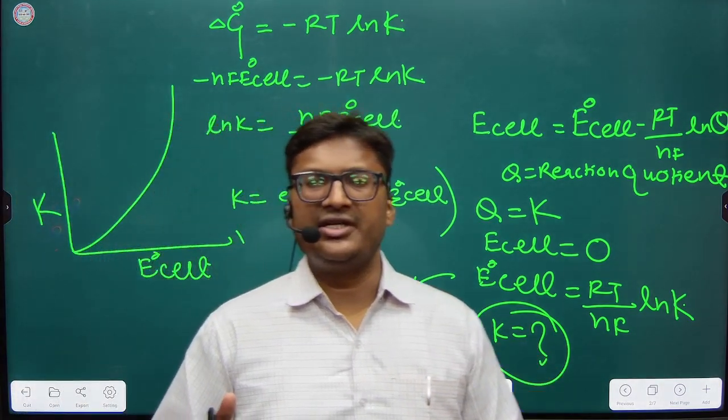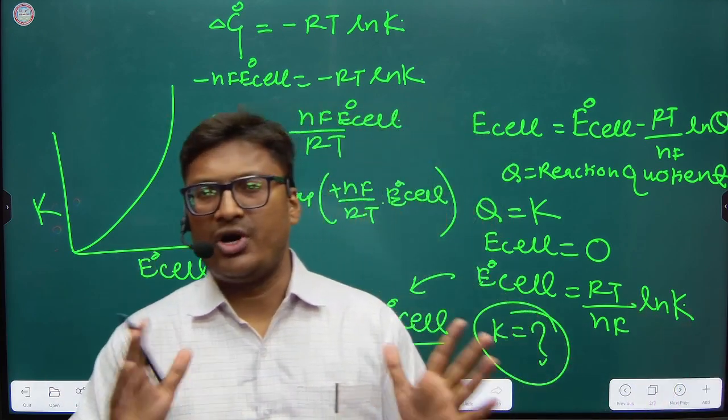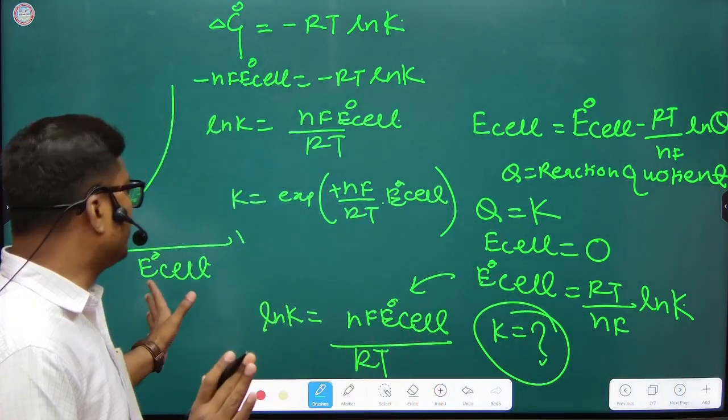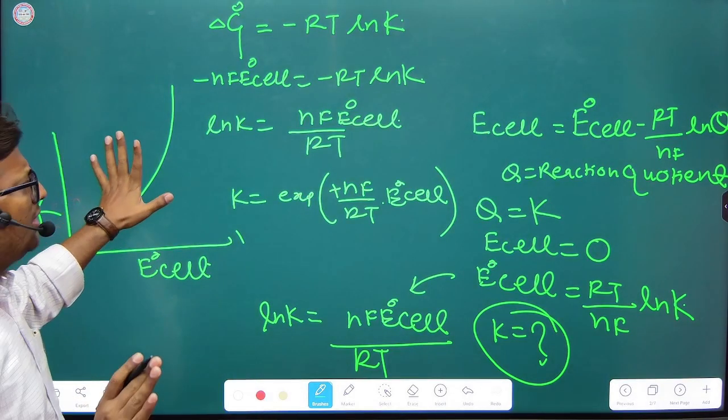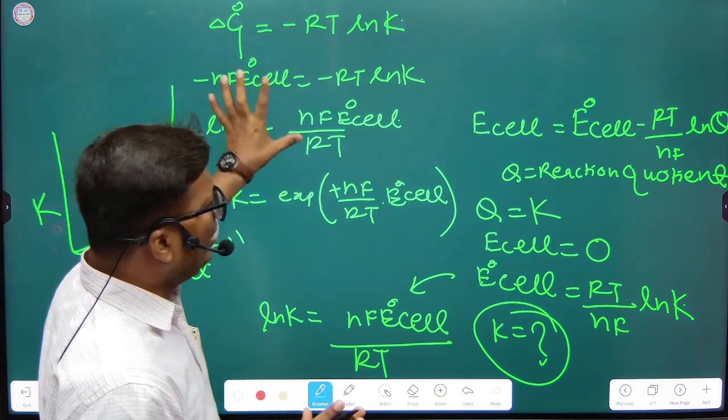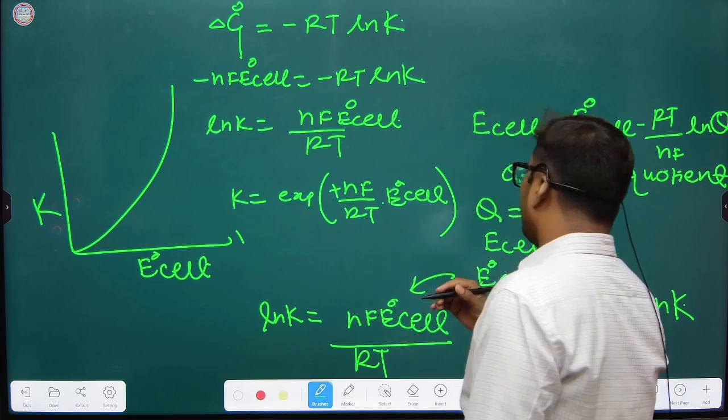It means there is a high chance of formation of the product. So this is what the equilibrium constant is, as understood through thermodynamics and electrochemistry.